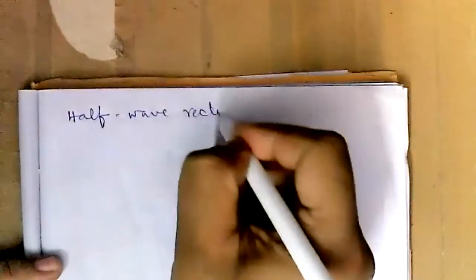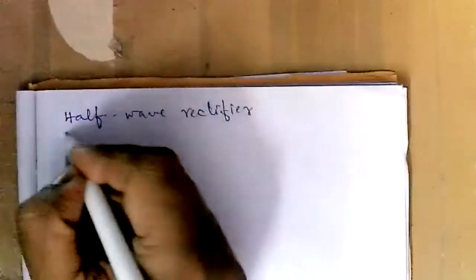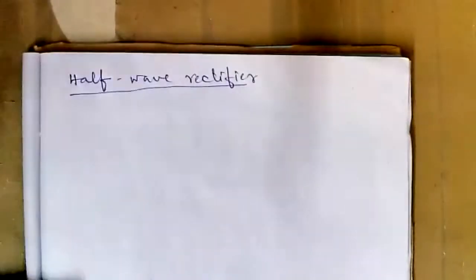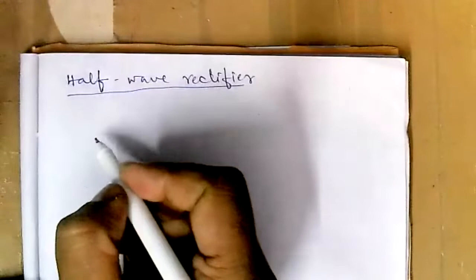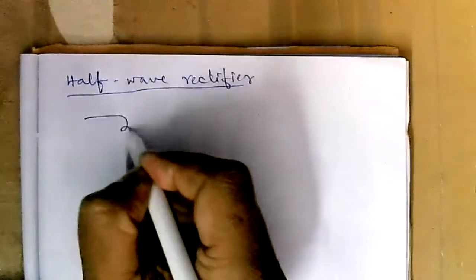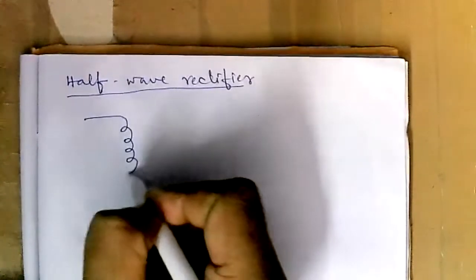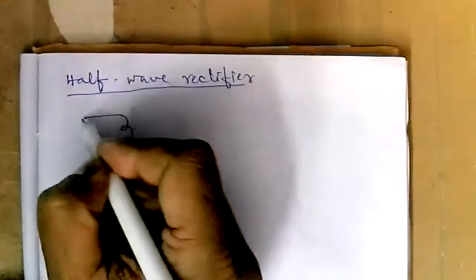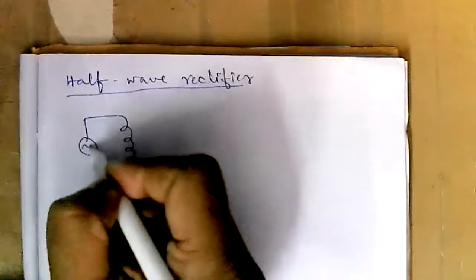In half wave rectifier, we use only a single PN junction diode. We use a transformer which is connected to the AC source.